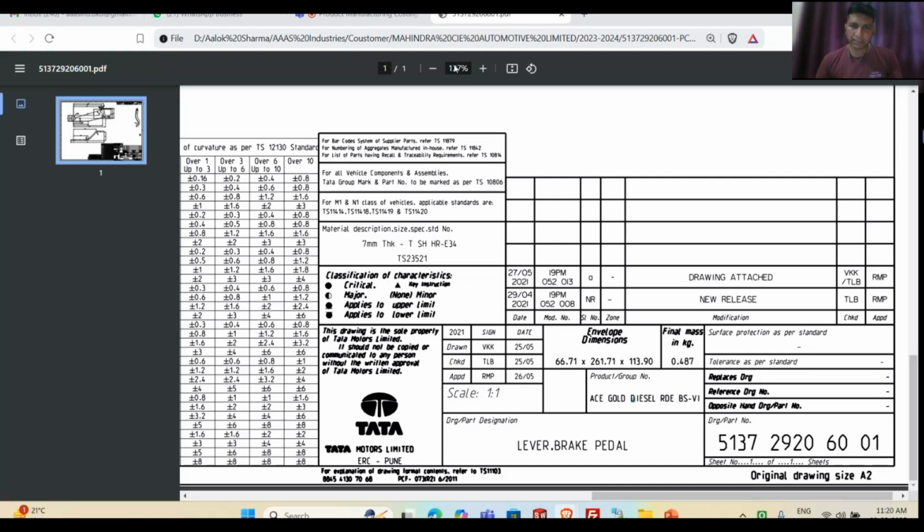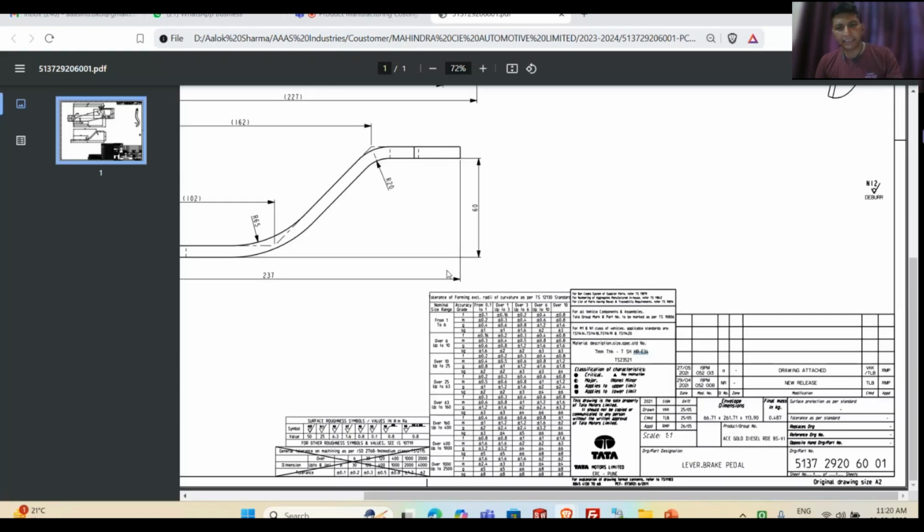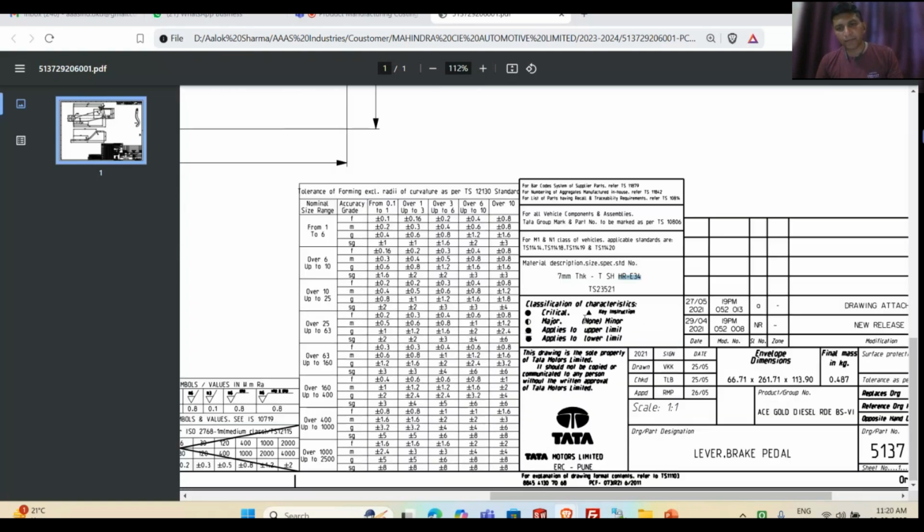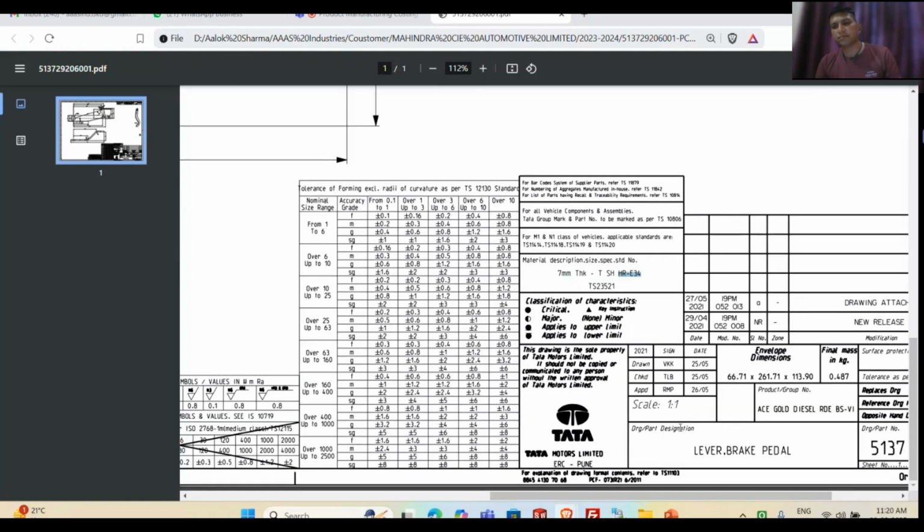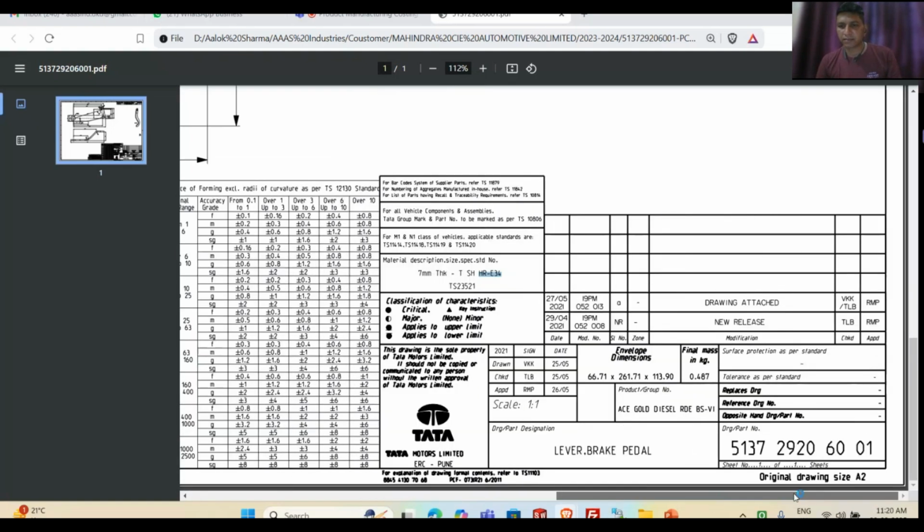And another one we discussed is material thickness, and another is the sheet grade. So this is a sheet metal part, but in plastic parts all these are also always available: envelope size, finish weight, material thickness, material grade.